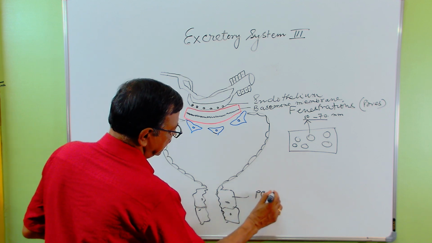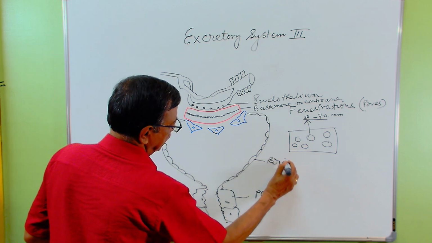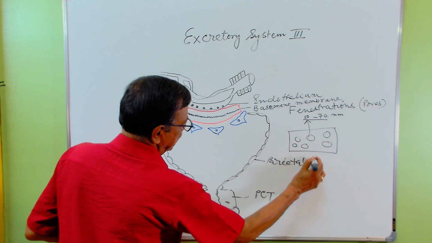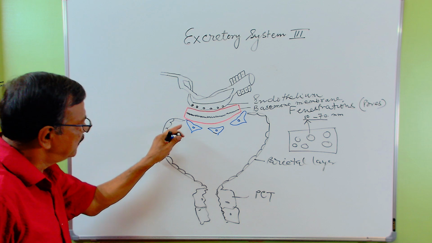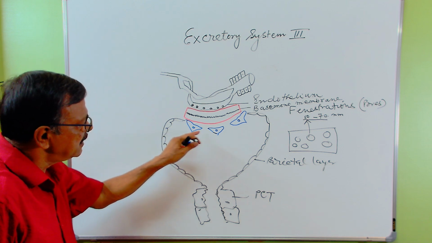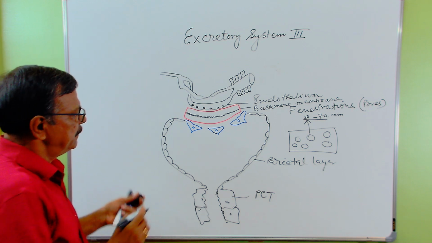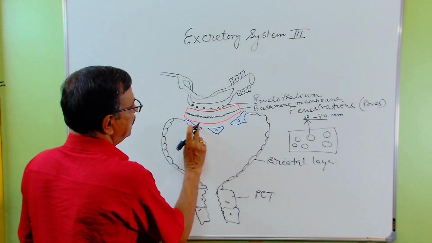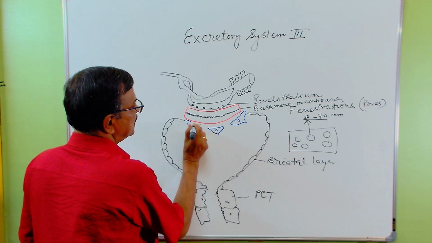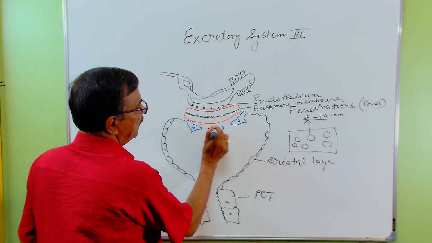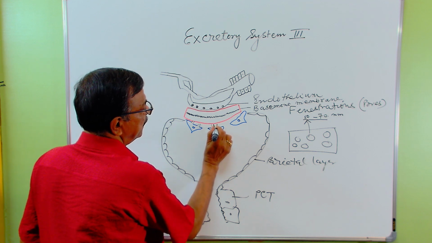And these parietal layer cells are modified to form podocytes. These podocytes have foot processes. These are the foot processes.